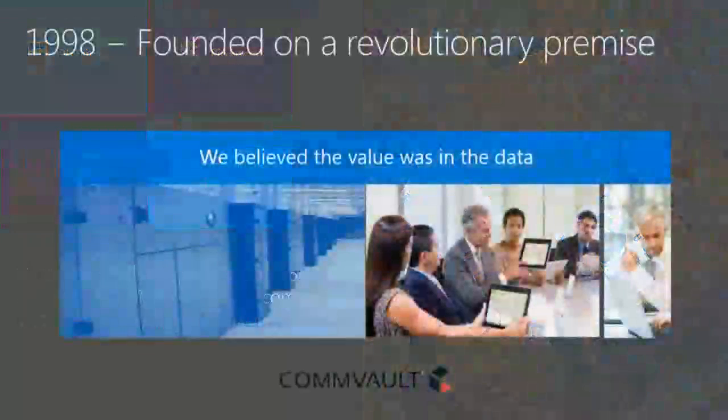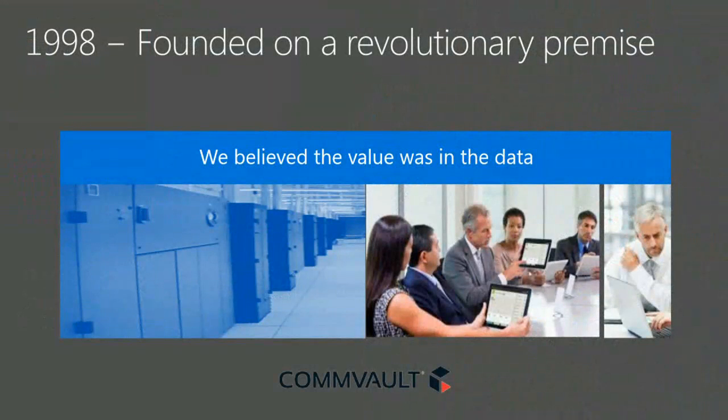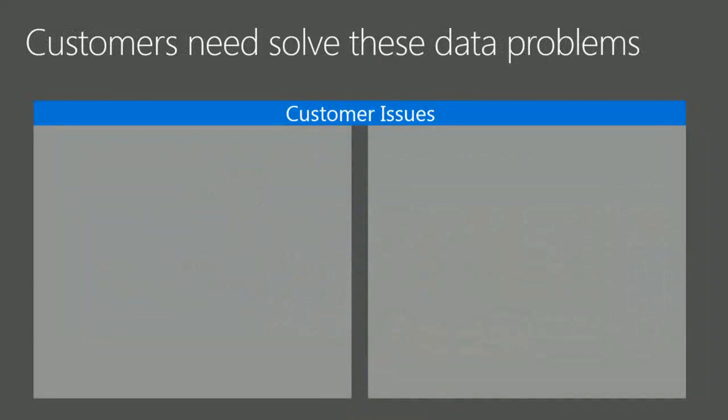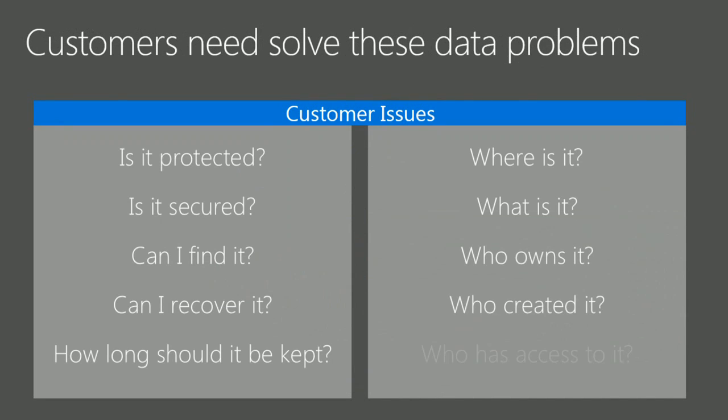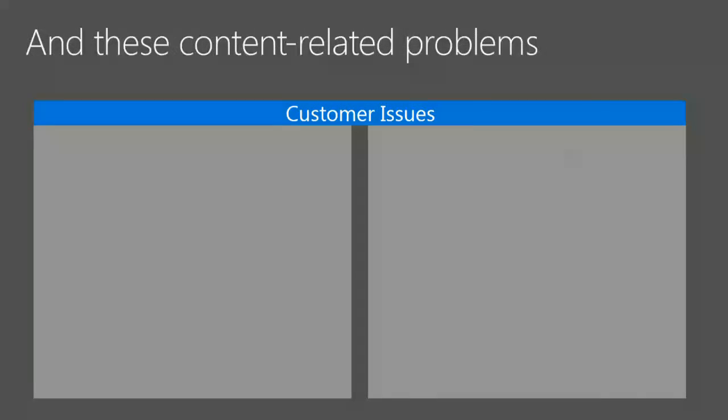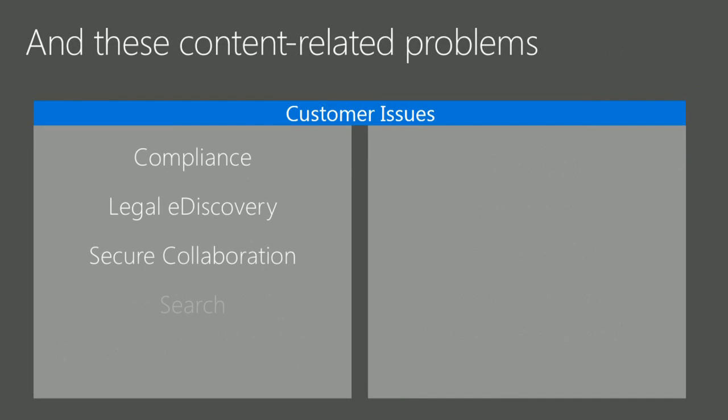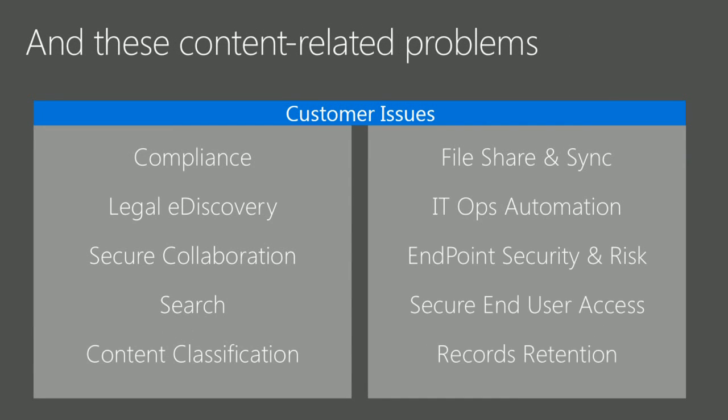So data today is an important asset that you need to manage just like your company manages its other important assets. As Randy said, we were founded on a very revolutionary premise that data had value. Not the infrastructure, not the storage, but the data had the value. So we tried to solve a bunch of customer issues, like how is it protected, where is it, who owns it, where is it going, as well as many content-related questions and problems about how I do the things that I need to do as an IT organization to manage my data.